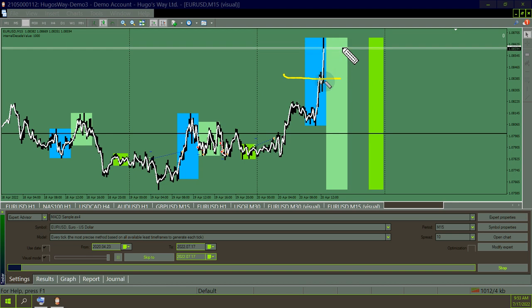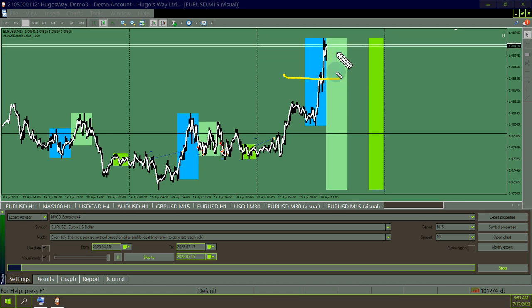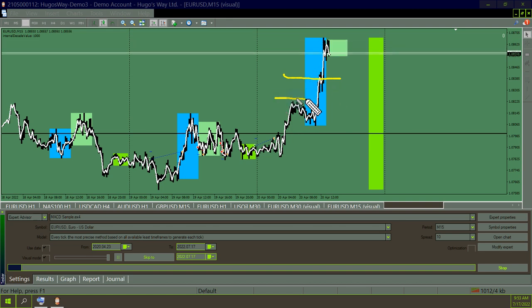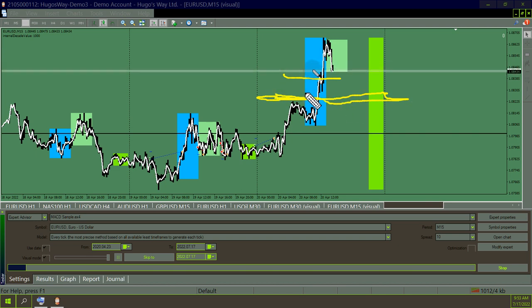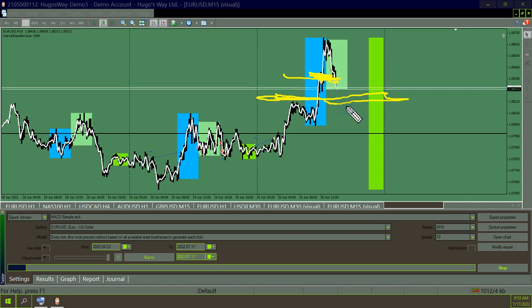Sell, sell, sell. Cash out. The ultimate target's going to be here now for the sellers. Here's our short-term targets. Well, they got their big target.